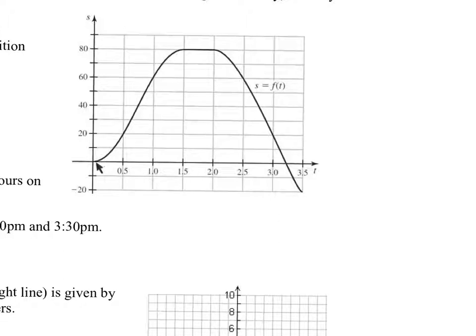Here, the slope at the beginning seems pretty flat, right? So therefore my derivative at this point will be 0. And then at this point, it seems like the tangent line is about 45 degrees, which is about 1.